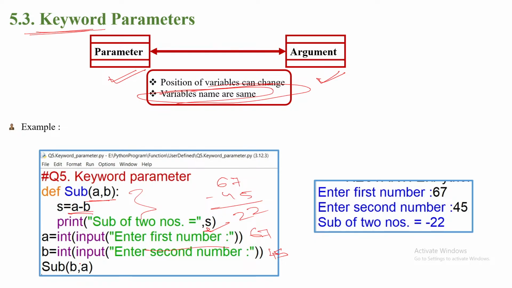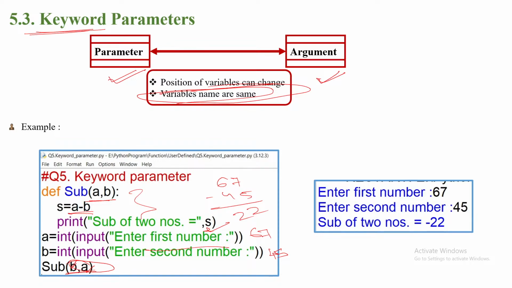But what have we written? B minus a. Okay, b minus a. Now what have we passed here? B first and then a. Here that means we can change the position of the variables, but this will not take it just like a positional parameter. In the positional parameter, what happened?